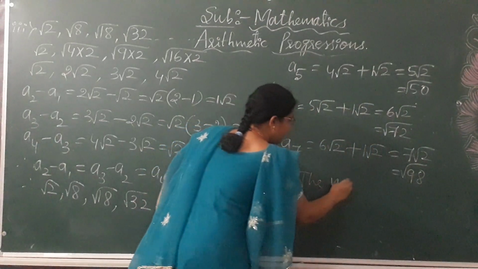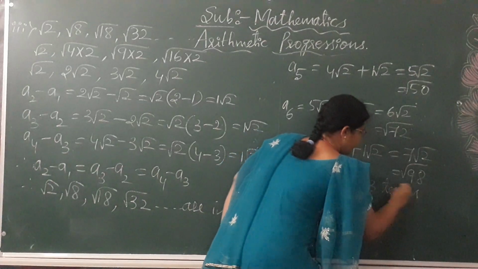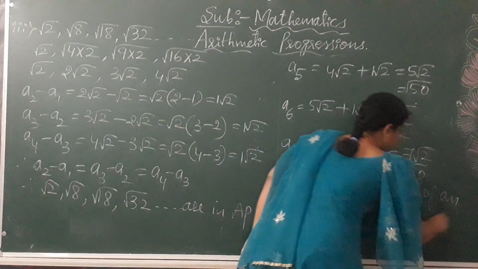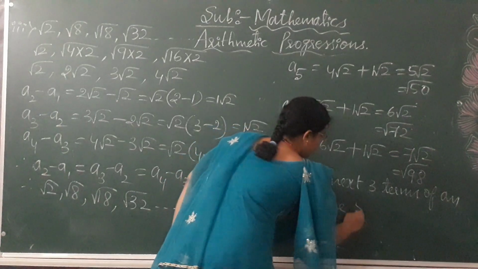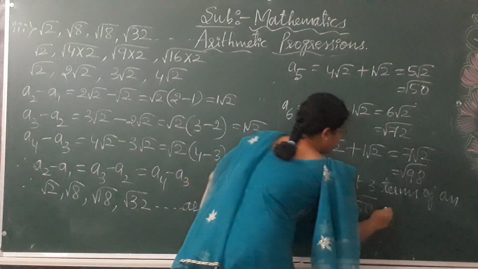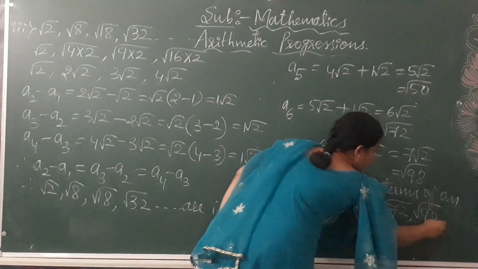Therefore, the next 3 terms of the AP are root 50, root 72, root 98.